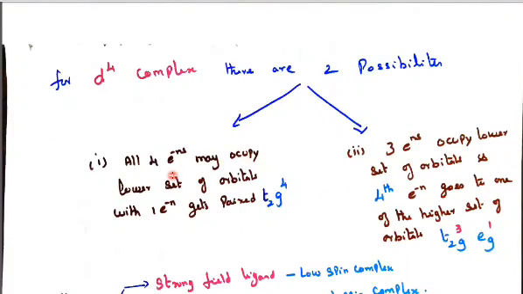The fourth electron may occupy the lower set of orbitals, with one electron getting paired up, t2g4, or the third electron occupies the lower set and the fourth electron goes to the higher set, that is t2g3 eg1.